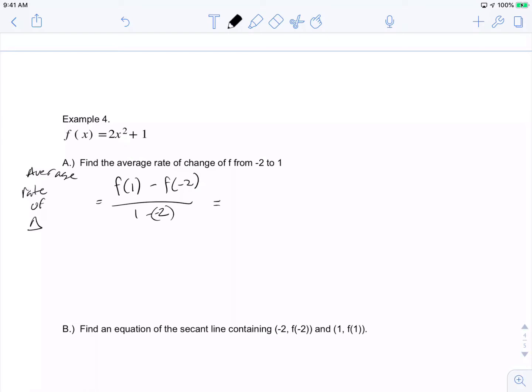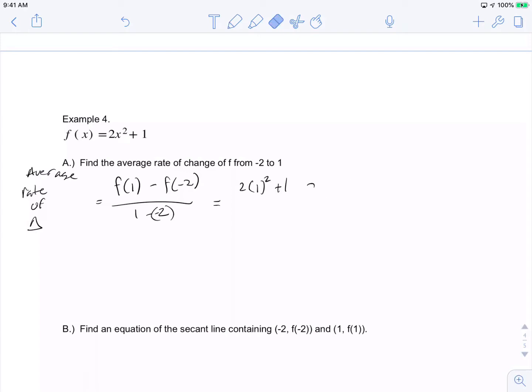And so f of 1, we're going to plug in the value 1. In fact, I'll show it: 2 times 1 squared plus 1, minus f of negative 2.